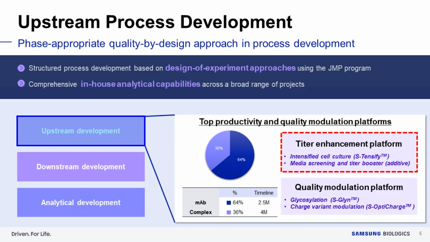In addition, we have in-house analytical capabilities for developing the process across a wide range of different projects. In terms of enhancing the titer, we provide intensified cell culture along with media and additive screening services. We are also capable of modulating critical components of quality, such as molecule glycosylation and charge variants.